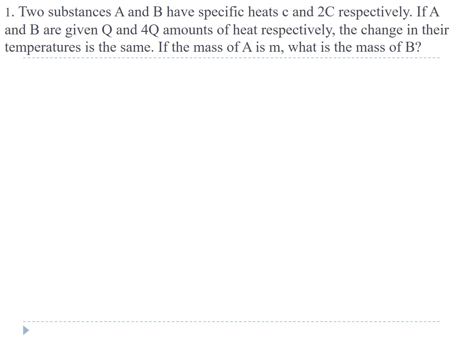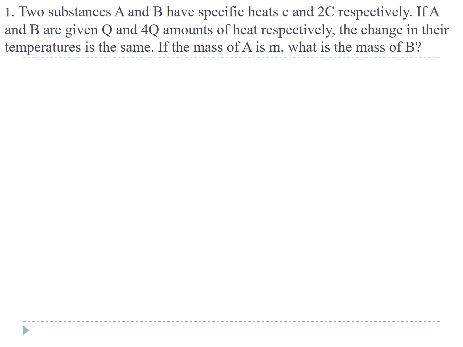Okay, then you have the third sentence written, the change in their temperatures is the same, which means that here three things of both the substances are given. Both A and B, their specific heats are given, the heat that is being given is also given, and they have mentioned that A as well as B, their change in temperature is the same.